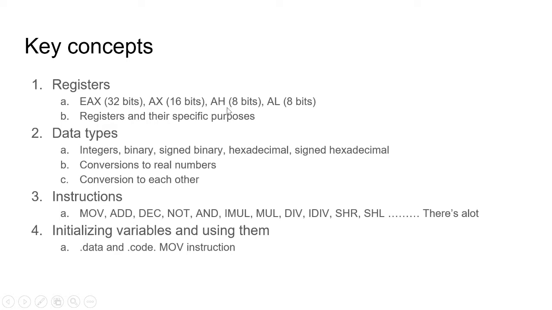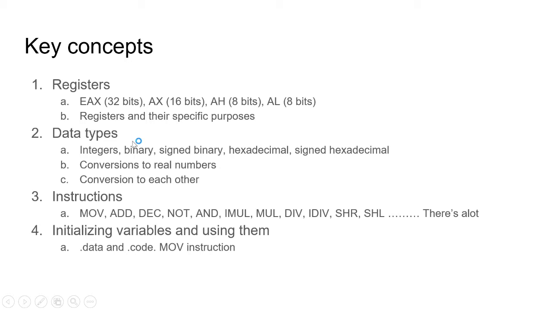AH being the highest 8 bits of the lowest 16 bits of the EAX, and AL would be the 8 lowest bits of the 16 lowest bits of the 32 bits in the EAX register. And for registers, it's EAX, EBX, ECX, EDX, ESI. There's multiple others, but these are the main ones that I use in my class.